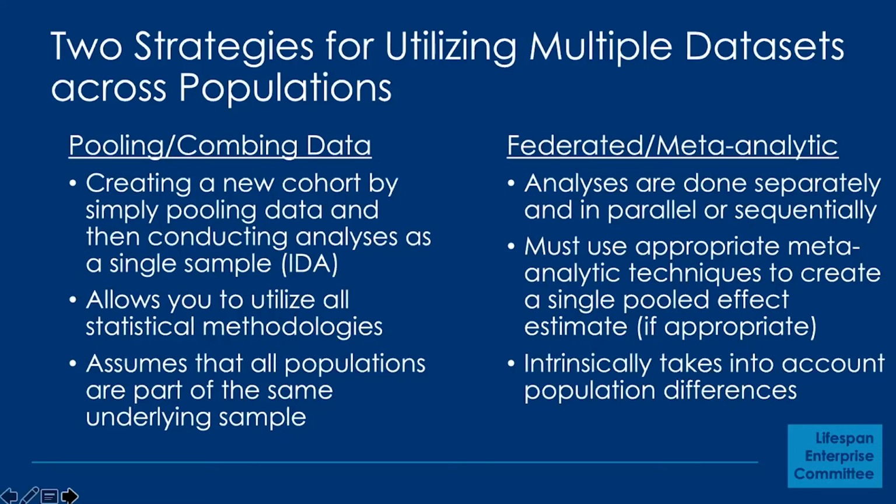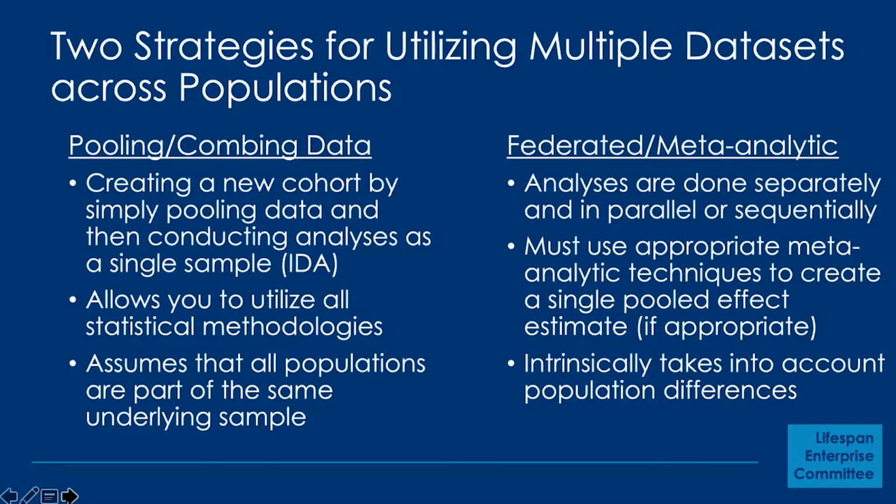The advantages of doing it this way are that it allows you to utilize a wide variety of statistical methodologies, but it does assume that all those populations are part of the same underlying sample. And so there are some questions about really understanding why there may be differences across cohorts, and a lot of investigation has to go into that.